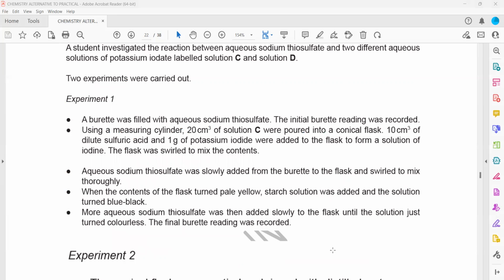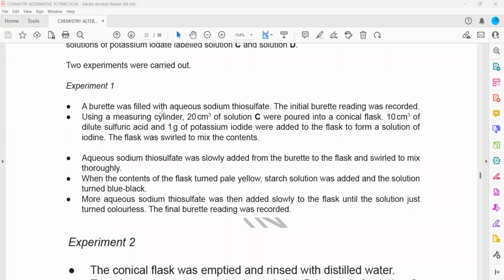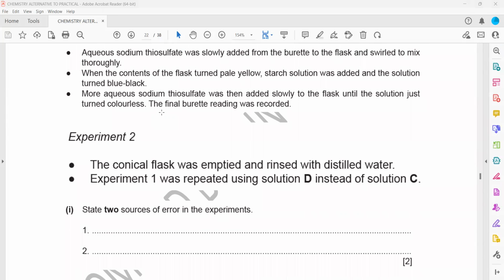A burette was filled with aqueous sodium thiosulfate, and using a measuring cylinder, 20 cm3 of solution C was poured, and 10 cm3 of sulfuric acid and 1 gram of potassium iodide was added.